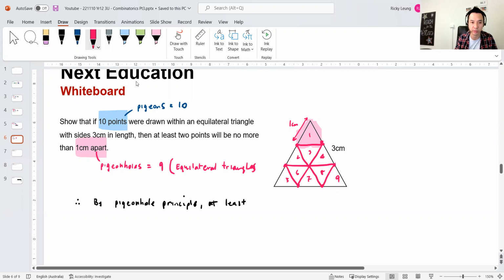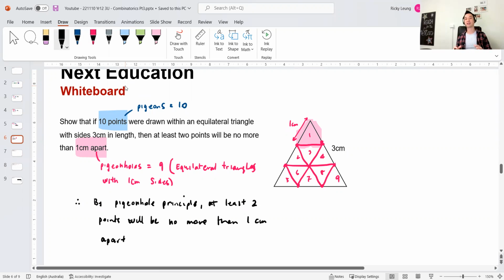Triangles with 1 centimeter sides. So let's copy and paste: at least 2 points will be no more than 1 centimeter apart.